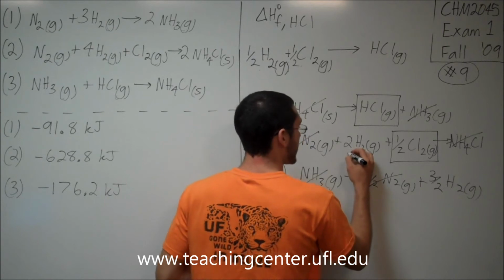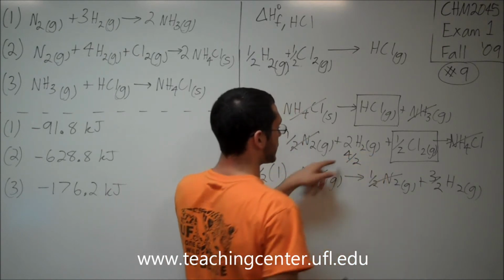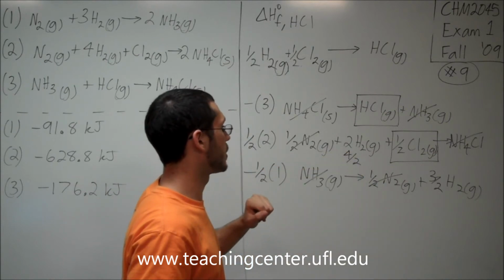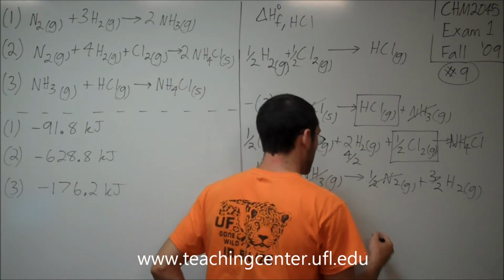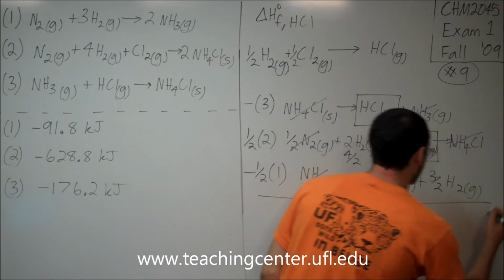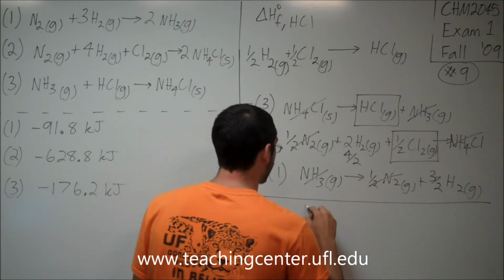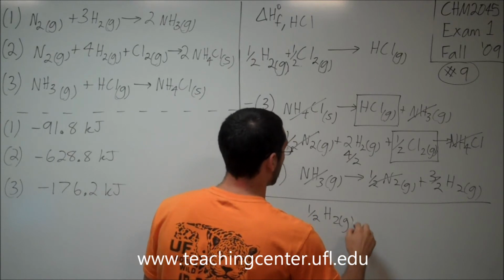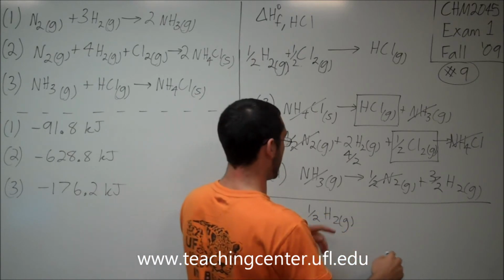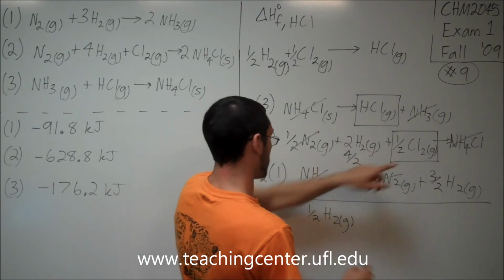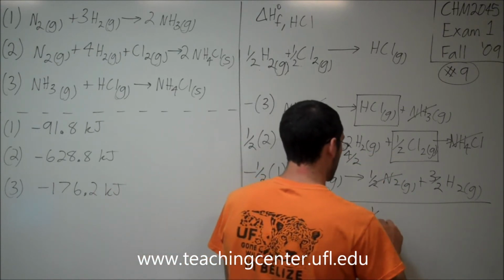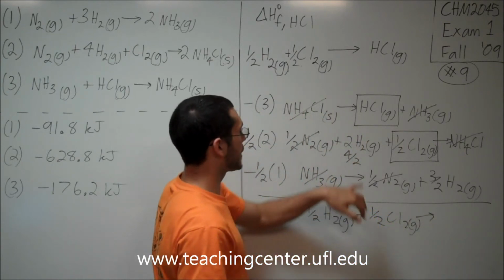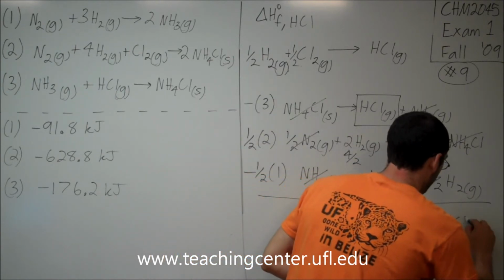Let me write it like this: I have 4 halves H2, because 4 halves is just 2, right? I have 4 halves H2, and then I have 3 halves over here. So overall, I end up with 1/2 H2, and I also end up with this 1/2 Cl2, which I better not have canceled off, that's why I boxed it. And I also end up with this HCl gas.